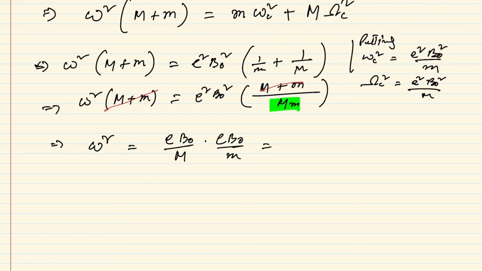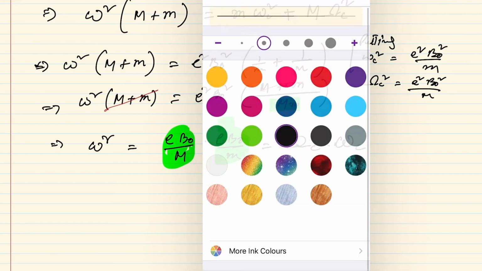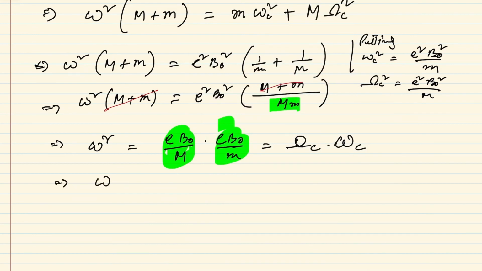This is nothing but Omega c, that is the ion cyclotron frequency, and this is the electron cyclotron frequency, omega c. Therefore we will get omega equal to Omega c into omega c to the power half.